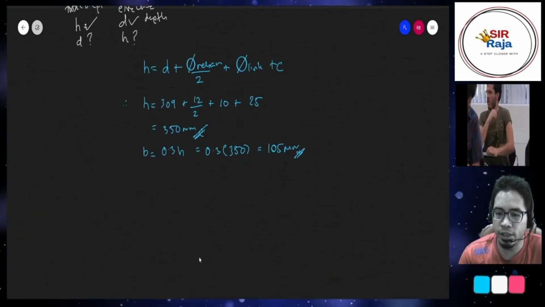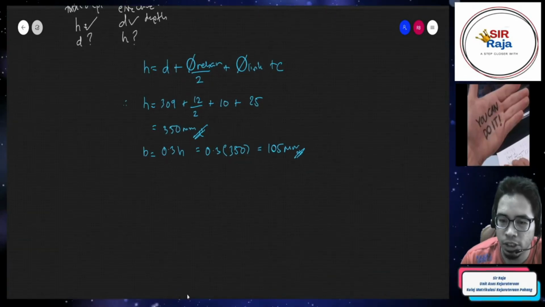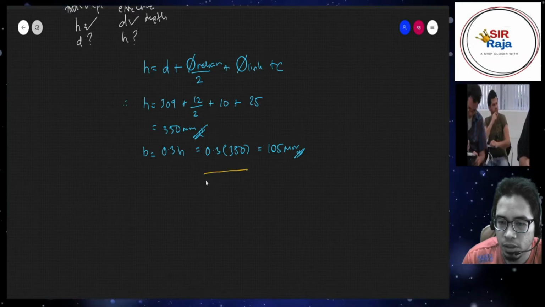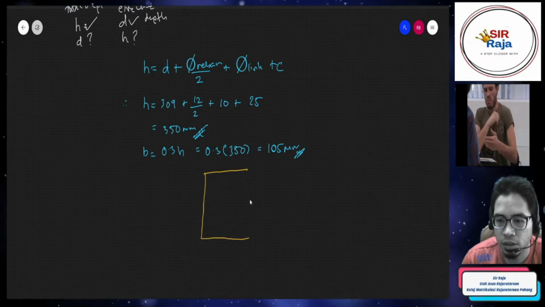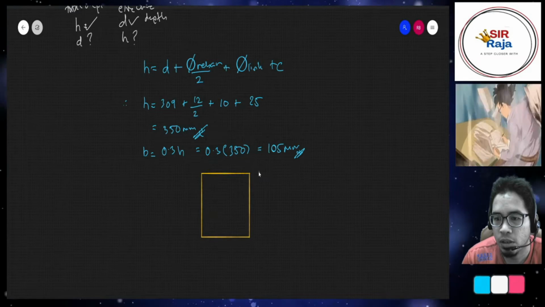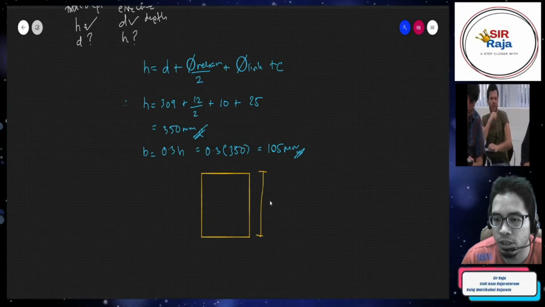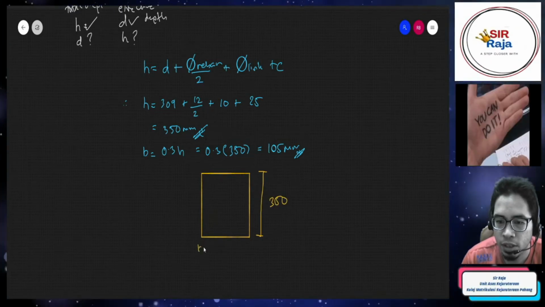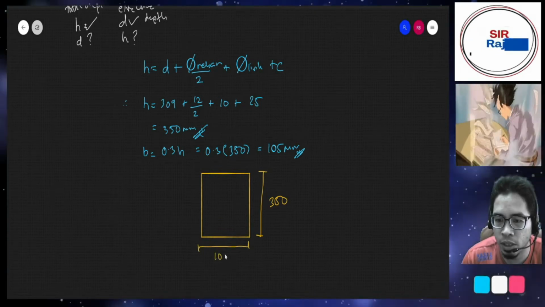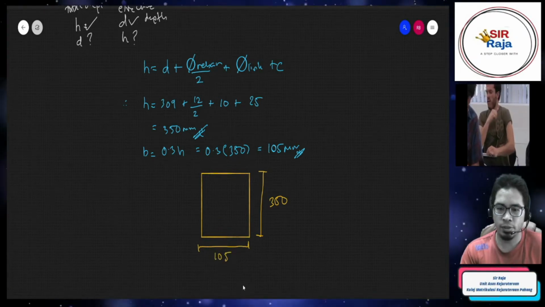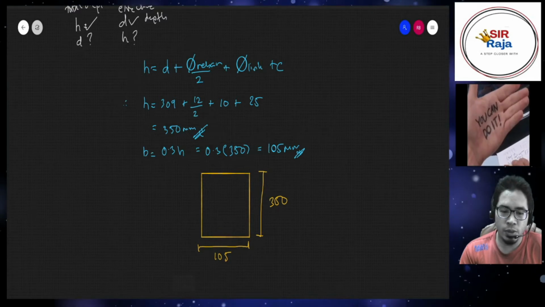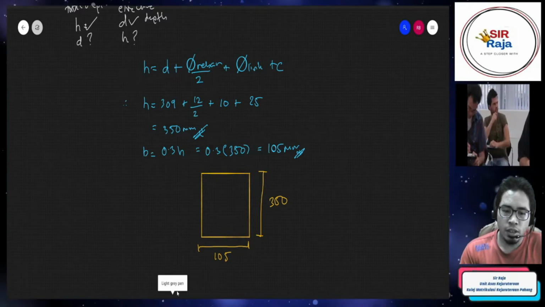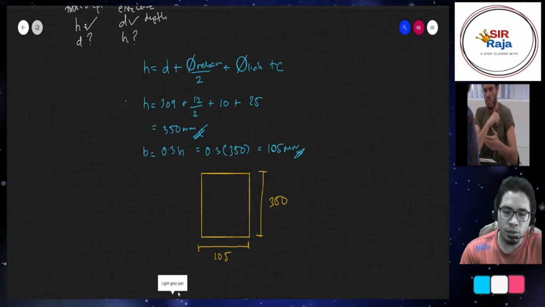The H here is 350 and the width is 105 mm. Now we can answer the next question for the total design load.